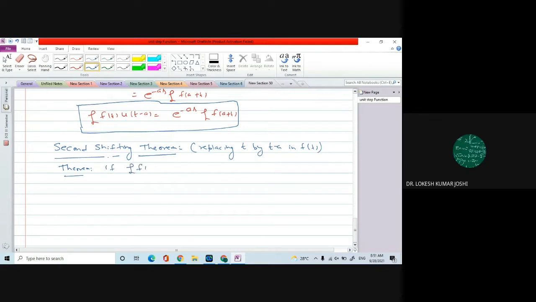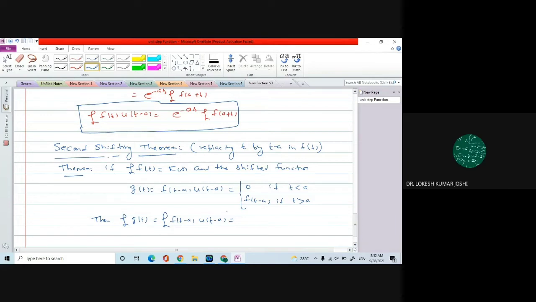Theorem: if the Laplace of f(t) equals F(s), and the shifted function g(t) is defined by f(t minus a) u(t minus a), which we all know has value 0 if t is less than a, and its value will be f(t minus a) if t is greater than a, then the Laplace of g(t) will become the Laplace of f(t minus a) u(t minus a), and its value will become e to the power minus as into F(s).